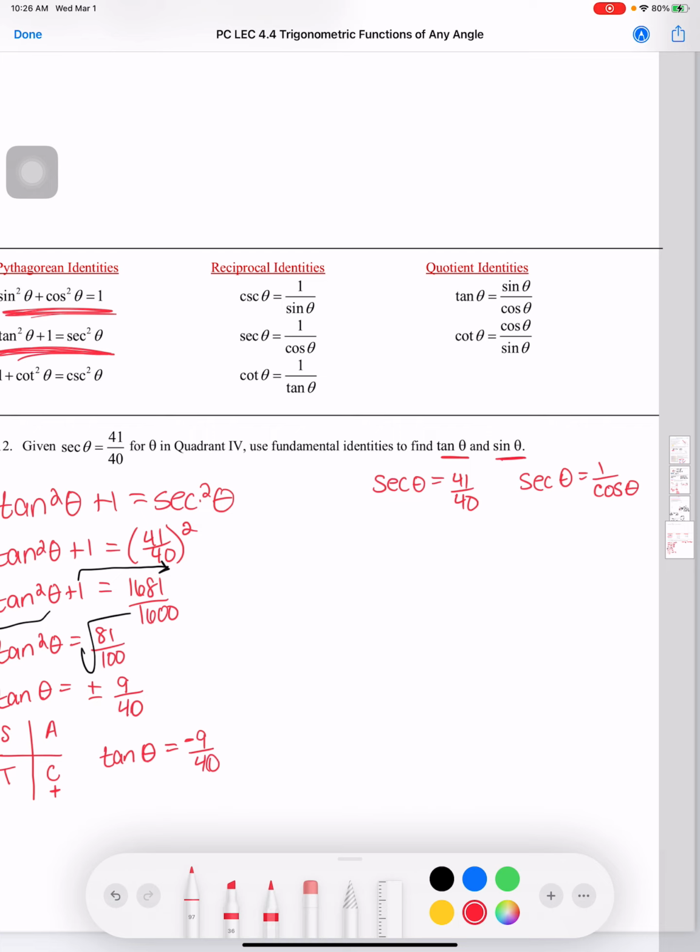So because secant is 1 over cosine theta, I don't have room over there, so let's come back over here. I can say that 1 over cosine theta is going to be the inverse. Remember, they're reciprocals.